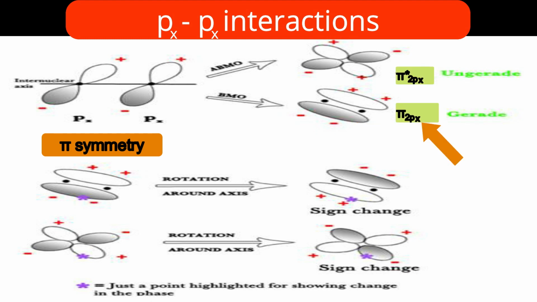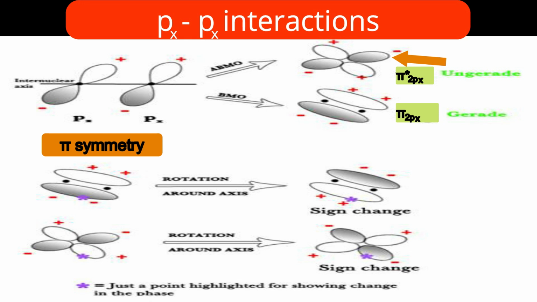Now come to the antibonding molecular orbital. The antibonding molecular orbital results from subtraction, from destructive interference. So the combining atomic orbitals' lobes should have different phases. On the left side atomic orbital, if I consider the lobe away from us positive, the right side atomic orbital's lobe away from us will be negative.